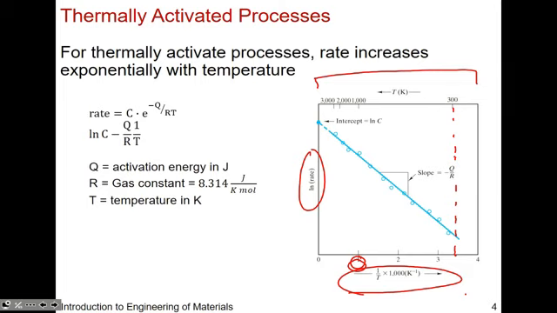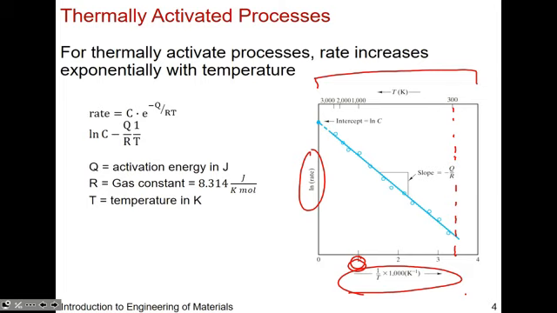Is that right? Right, yeah, so 1,000 divided by your temperature, 300, gives you 3.3-ish, 3 1/3. So that's how you convert between the two.